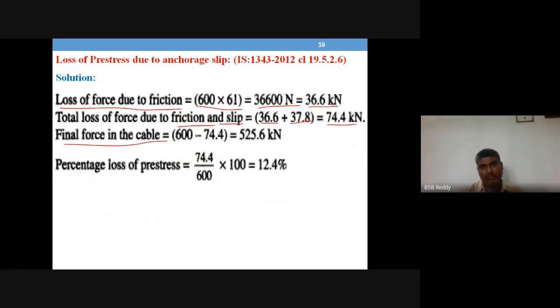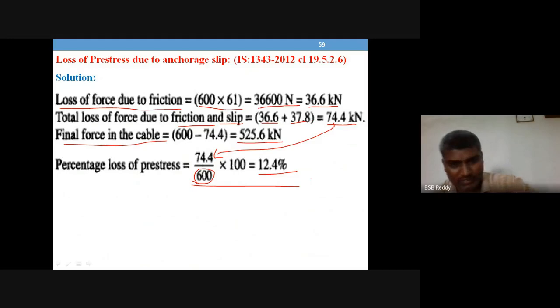So 600 minus 74.4 is 525.6 kilonewton, the final force in the cable. Percentage of loss of pre-stress is the force loss divided by the initial force 600. So 12.4% is the final loss of pre-stress.